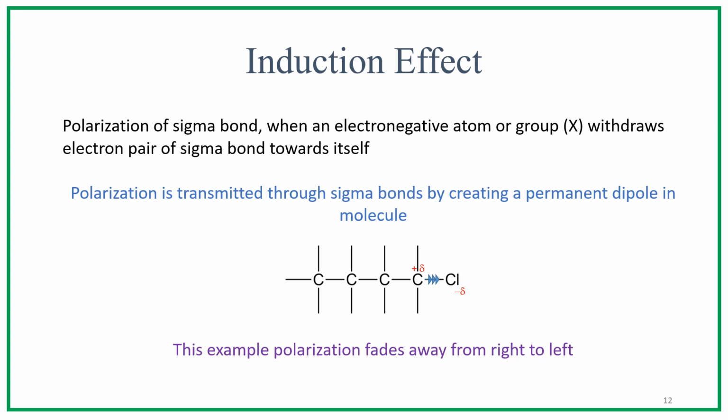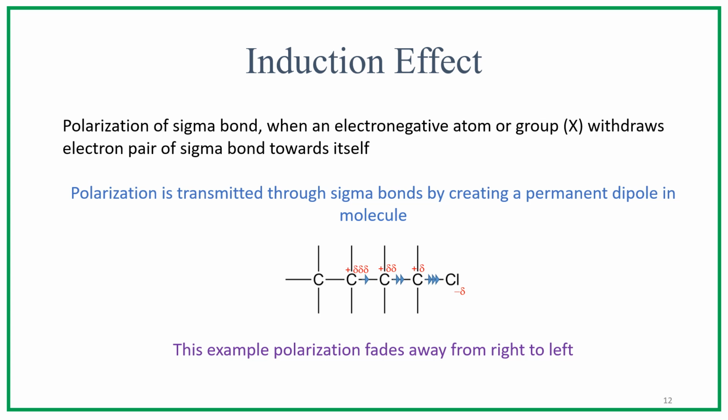Therefore the first carbon has some positive charge, and this effect is there for the second carbon also. Therefore it also has some small positive charge, and again we can say this is a very small effect to the next adjacent carbons.